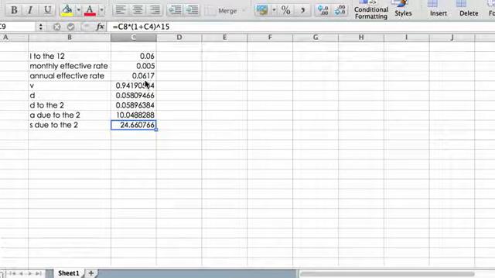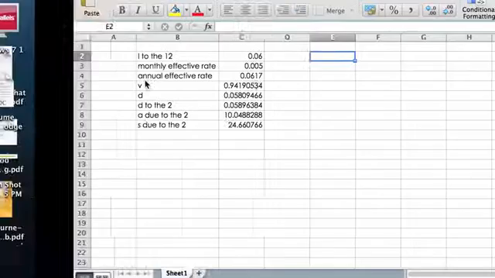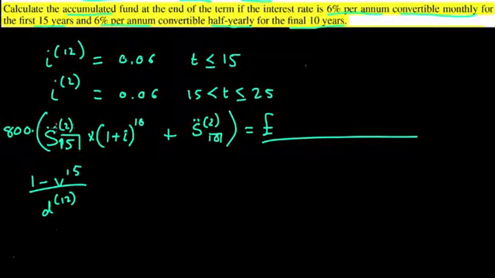Now we still have to get this for the next 10 years, but we need to find what the new annual effective rate will be. We've found this bit, good job to us.